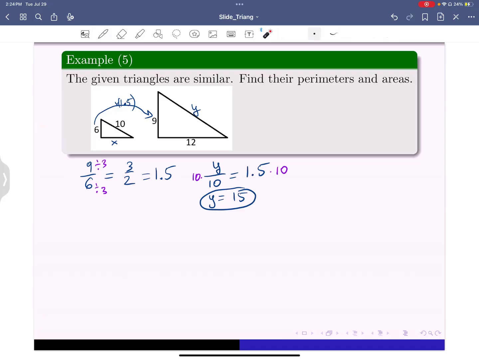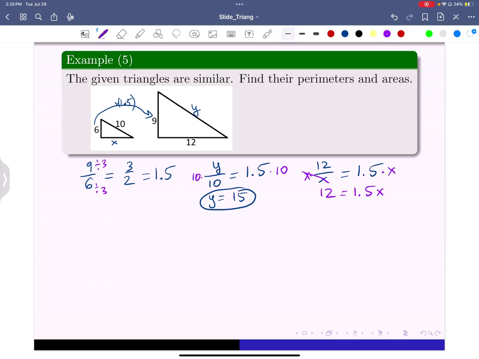And the same for the last one. Big divided by small must be equal to the scale. This is my scale. So in that case, we have 12 divided by x must be equal to 1.5. And to solve it, we would multiply times x, this cancels out. So I have 12 is equal to 1.5x.